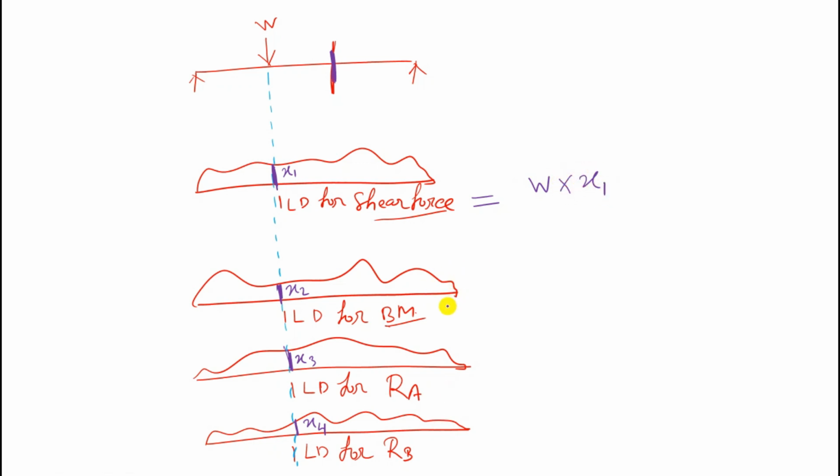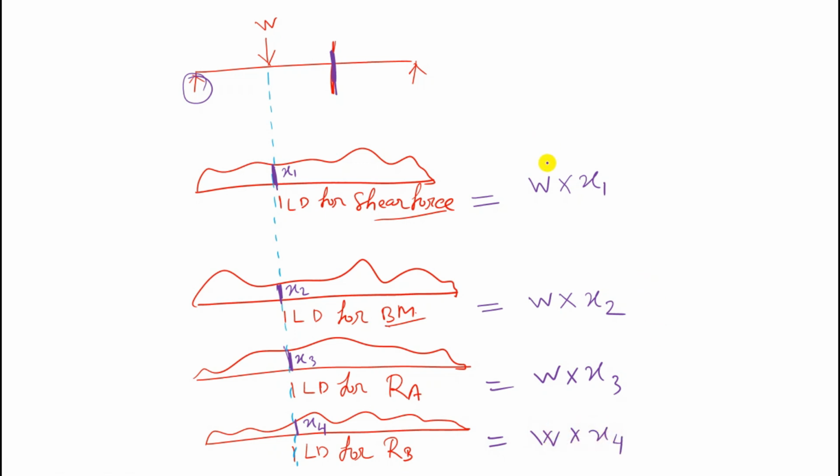For the bending moment at this position, for this particular position of the load W, the bending moment will be W into x2. And if you want to know the reaction RA for this position of the load W, then the formula is the same, W multiplied by this height. For reaction RB, the formula is the same, W multiplied by the height.